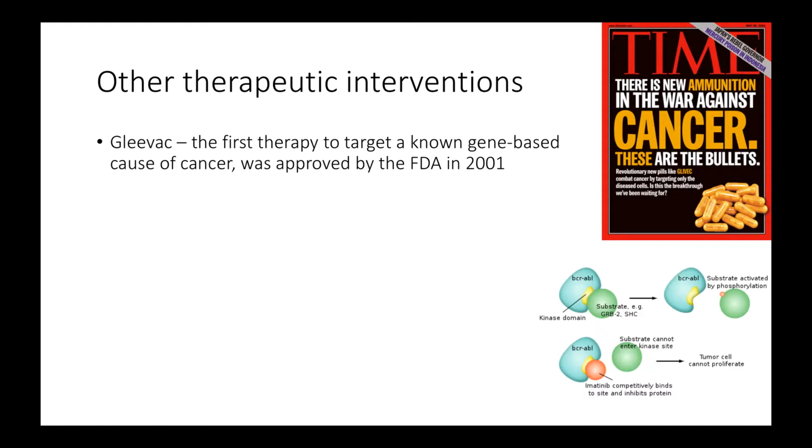Gleevec competitively inhibits this binding and, by doing so, prevents this proliferation of the tumor cell. Gleevec is also effective against other diseases like gastrointestinal stromal tumors and other relatively rare cancers that involve similar enzymes.